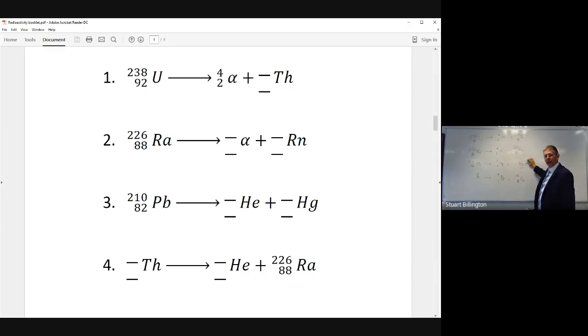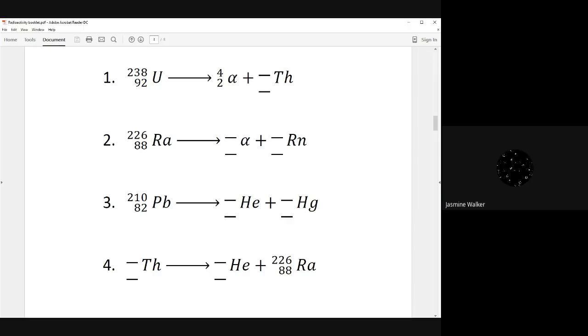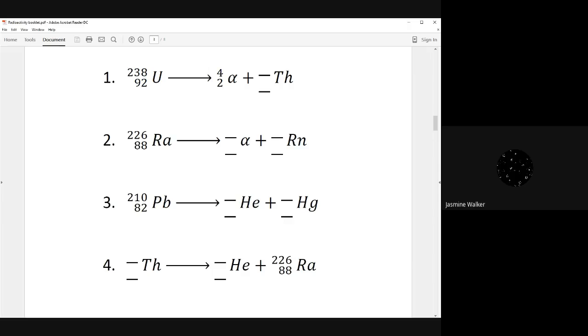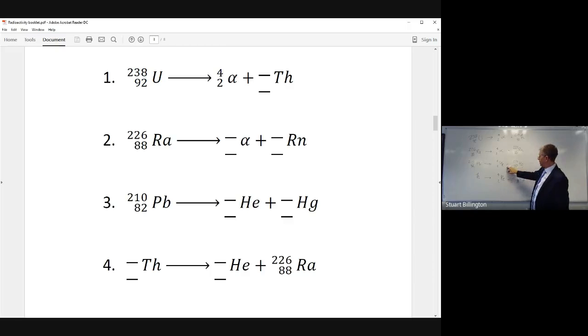Anyone know what element Hg is? Mercury. It is mercury. Very good. Okay, so numbers for mercury, please. 206 and 80. Perfect. Again, 80 plus 2 is 82. 206 plus 4 is 210.